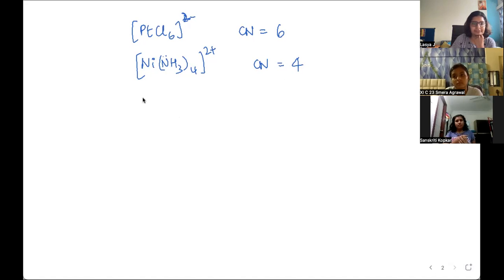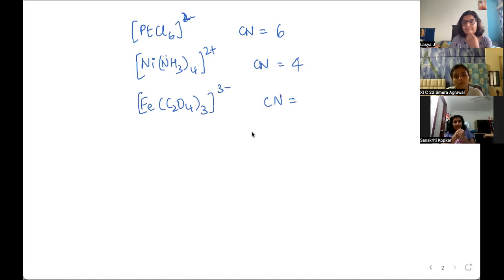Next one. This is a good one. Oxalate, Fe(C2O4) taken thrice, 3 minus. I'll tell you what the ligand is, because you might be unfamiliar with it. C2O4 2 minus is oxalate, and its structure is like the anion of oxalic acid.